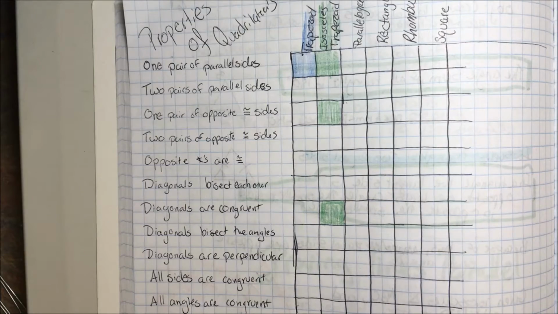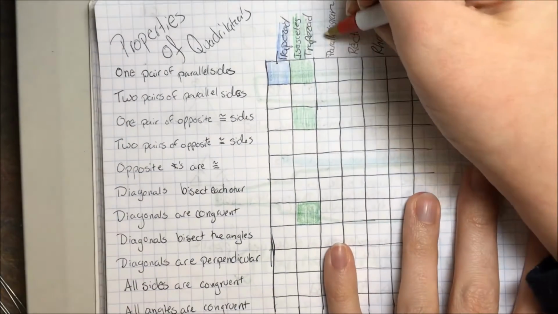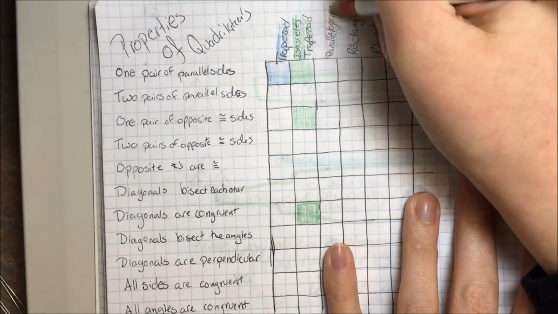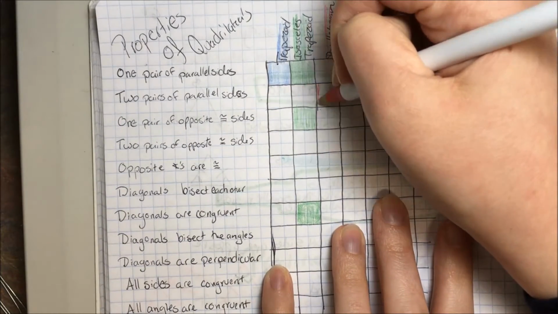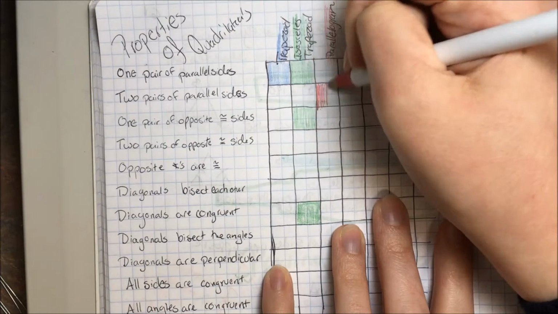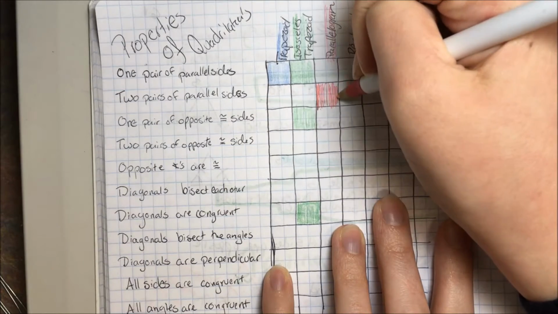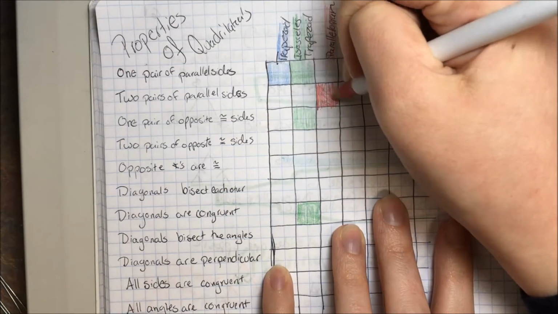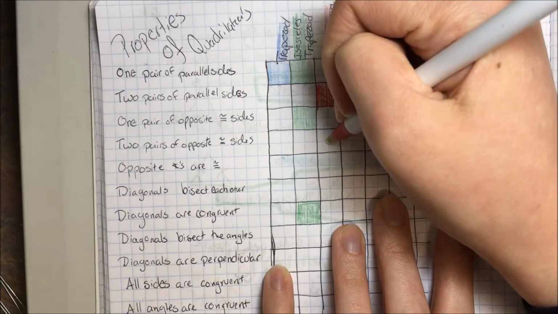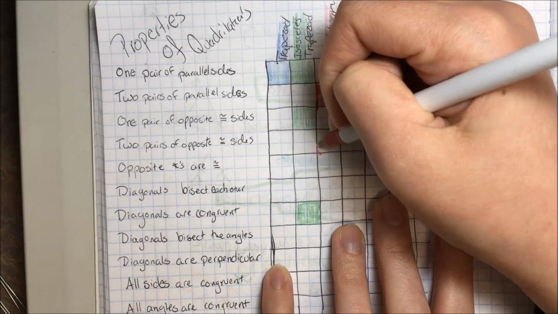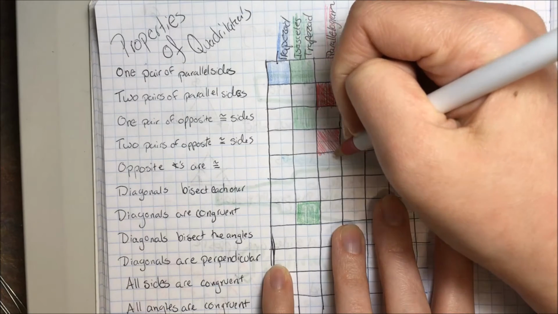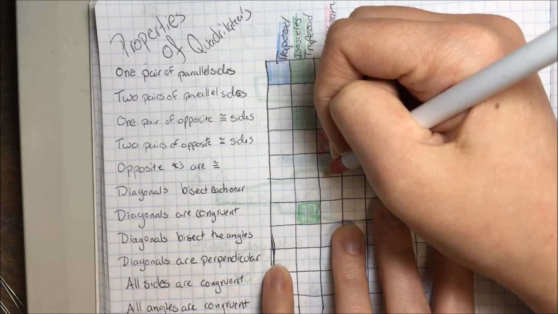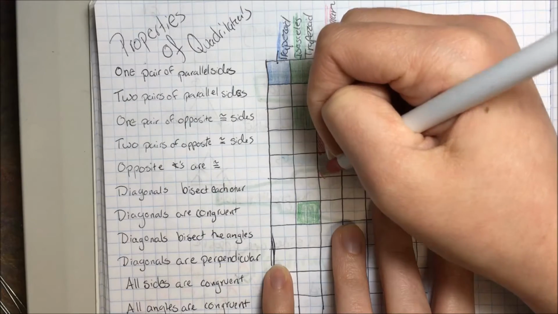All right. In a parallelogram, okay, there are two pairs of parallel sides. Two pairs of opposite sides are congruent. Opposite angles are congruent.